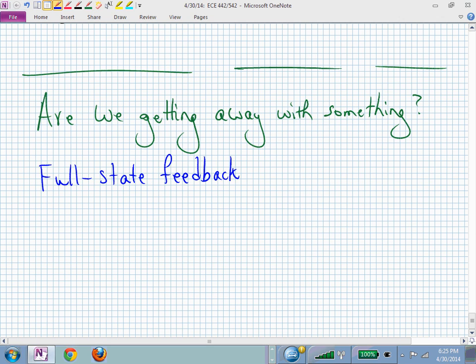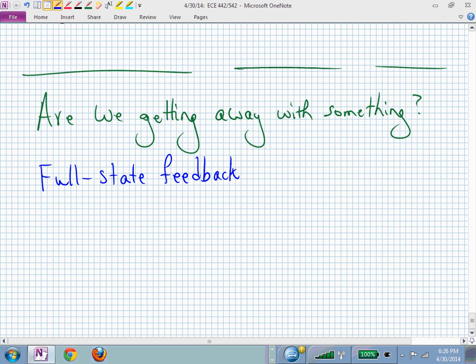Full state feedback is in the description, right? Up to this point, we were using output feedback. Output feedback, only output, not some linear combination of every one of the possible state variables. We were just using some linear combination of the state variables as the output and feeding that back. So we're doing something quite different.